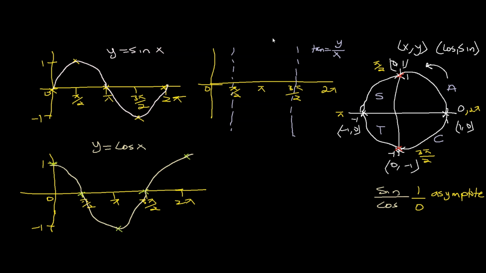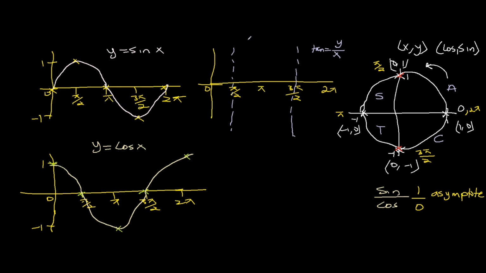So let's go ahead and try to figure out what we're going to do with our tan graph here. If you look at our tan graph here, we start off at 0 because sine over cosine is 0. Sine over cosine is 0 right here. I'm going to use a different color here just so we can see it more clearly.